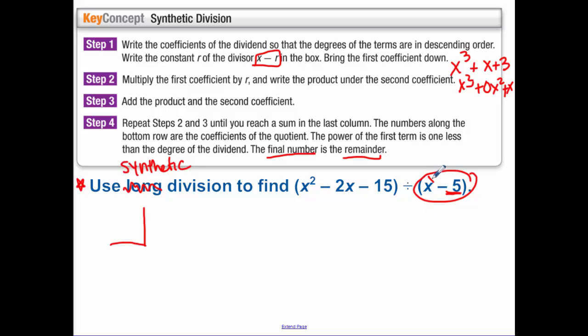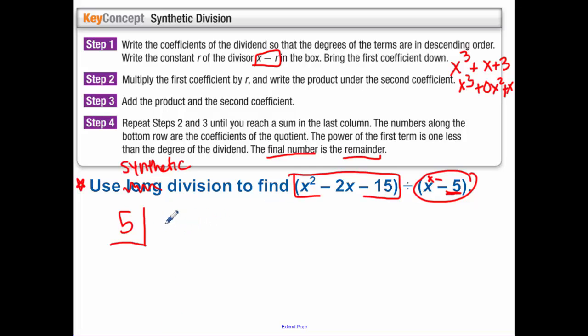Now make sure you always change it to x minus whatever. It's already in that form, so I could just take that number, 5. Now take the coefficients from that polynomial. Make sure if you're missing, like if this term wasn't here, you would have to add in a 0. But it is there, so I'm going to erase that.